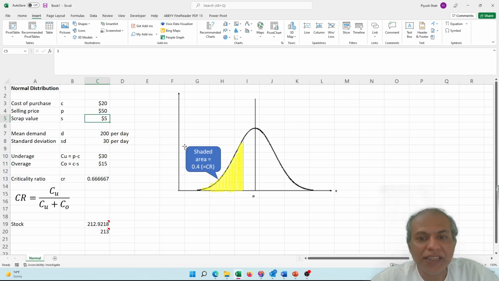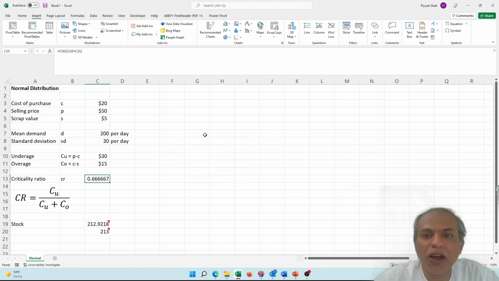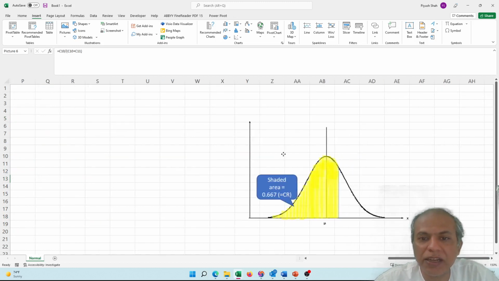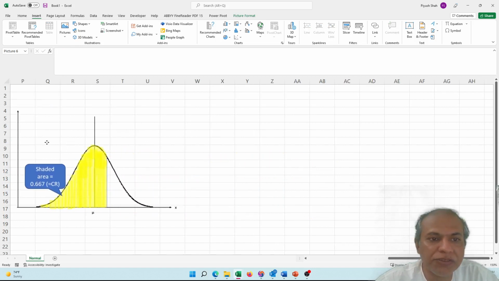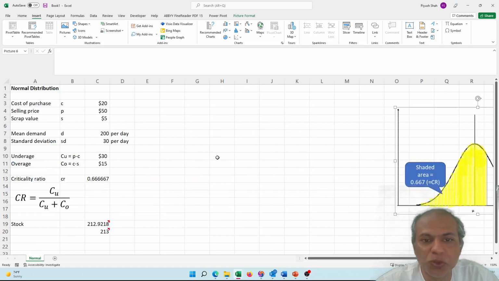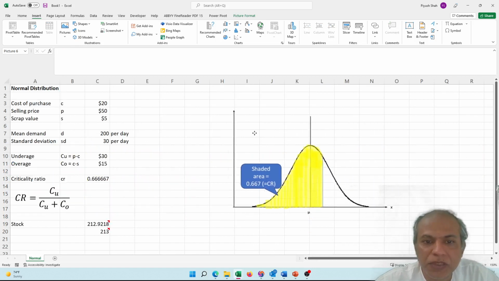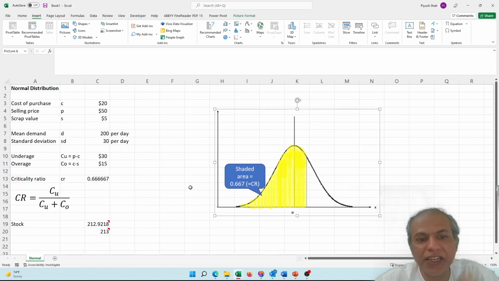Well, in that scenario, my critical ratio now is 0.667, and so this diagram is not applicable for us, and we will have to pull up a different diagram which can be useful. So now the shaded area has to be 0.667.